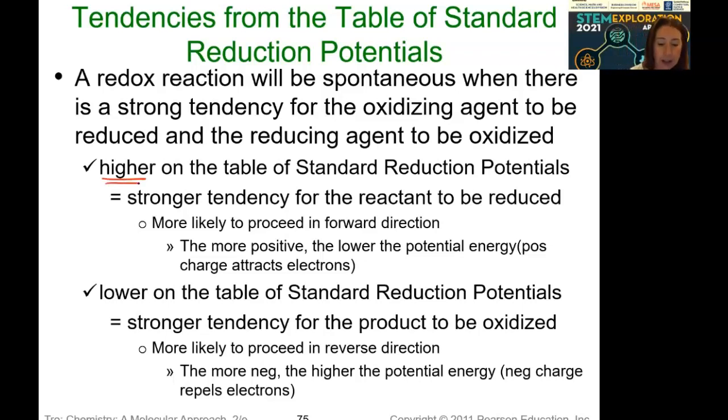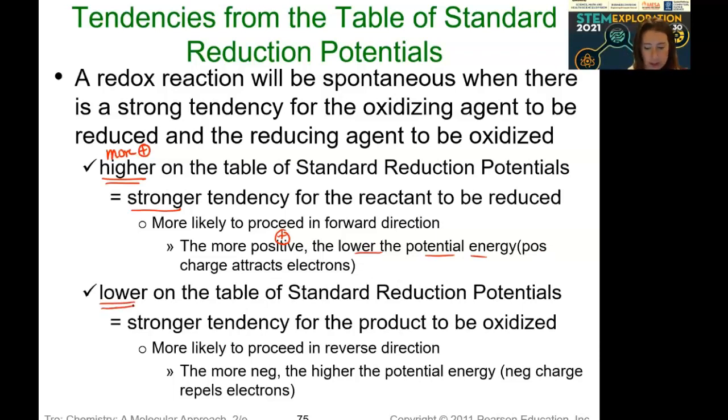If you're higher on the table or more positive, then it's a stronger tendency to be reduced, more likely to proceed in the forward direction. Because remember, the more positive it is, the lower the potential energy. Positive attracts the electron. The electrons come towards it.